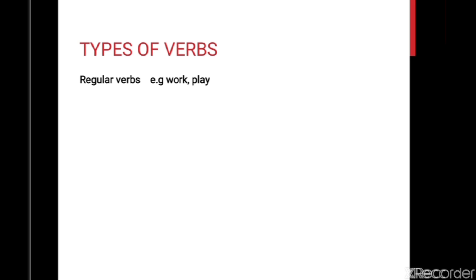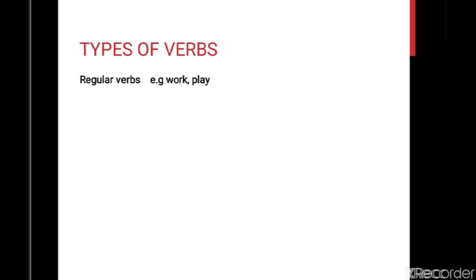What is the past tense of play? It's played. And what is the past participle? Played. So when we take play or work, the past tense form and past participle form are the same, and that is why they are called regular verbs.